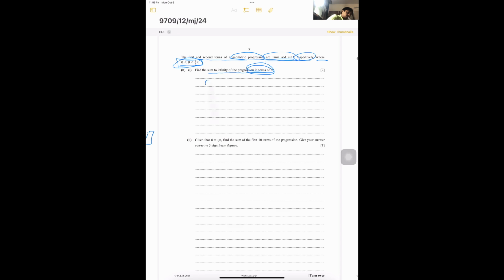So the common ratio is the second term by the first term, which is sine theta by tan theta, which is sine theta divided by sine theta by cos theta, which is sine theta into cos theta by sine theta, which is cos theta. So the first term is tan theta, so S infinity is a by 1 minus r, which is tan theta by 1 minus cos theta.